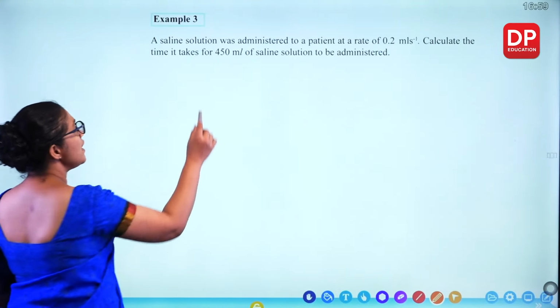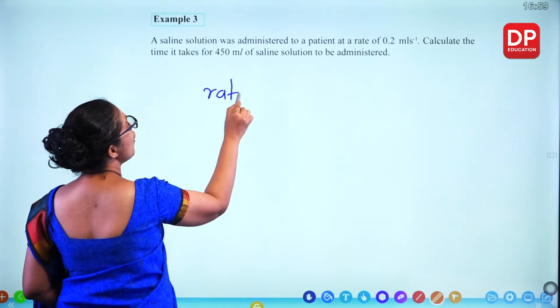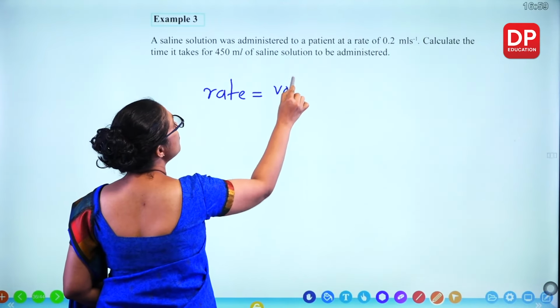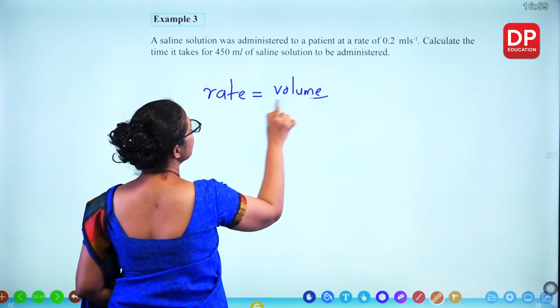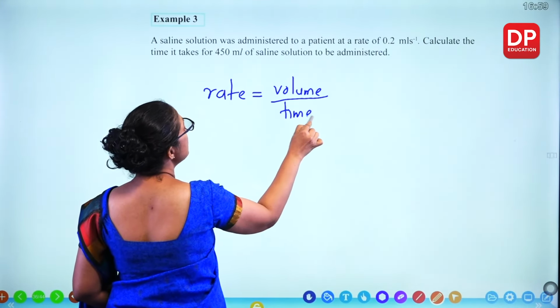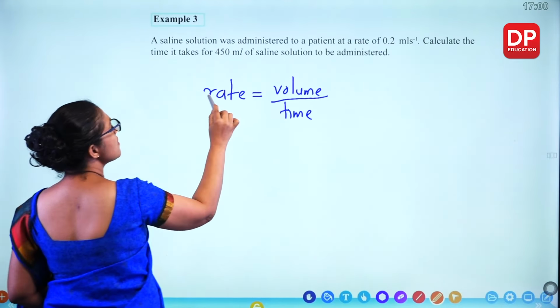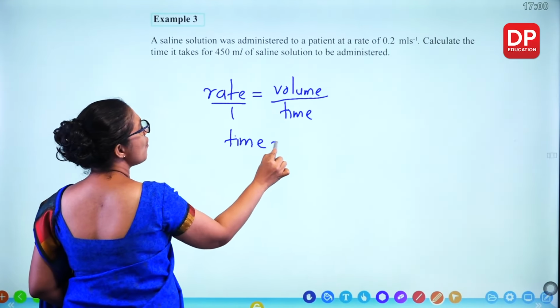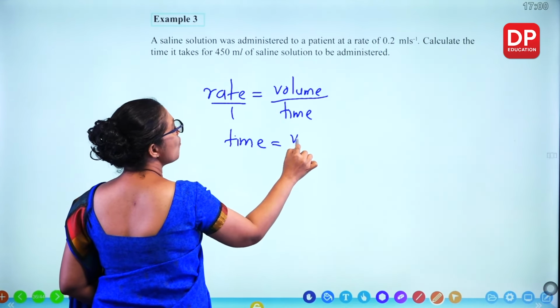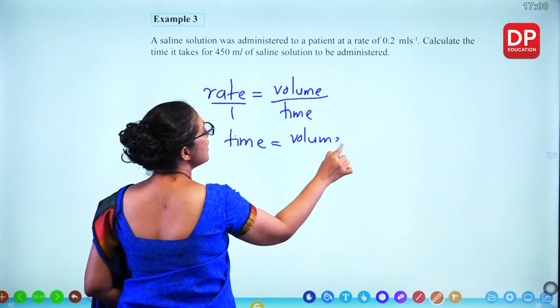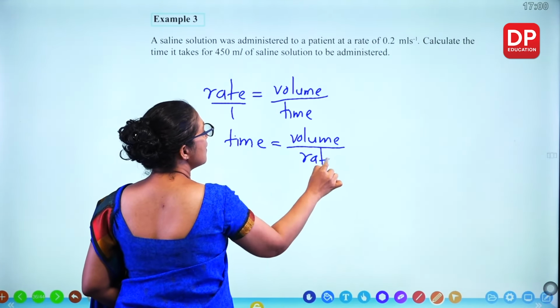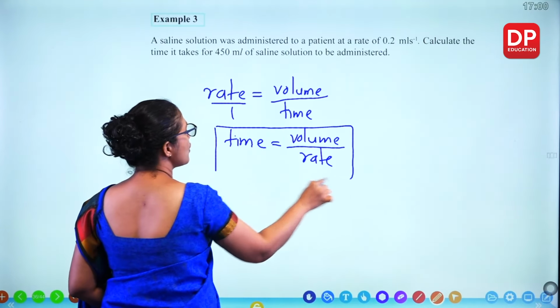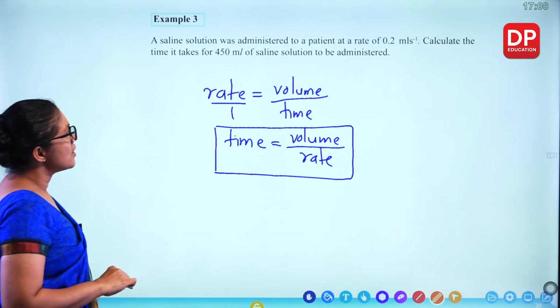Now, we know the rate of change of volume is volume over time. Now we need the time. When you cross multiply, you can make time the subject of the formula. What is time? Volume divided by rate. We can use this formula to do this question.